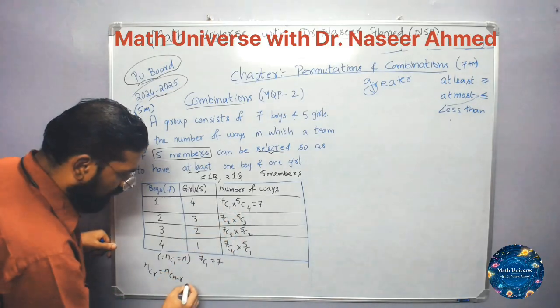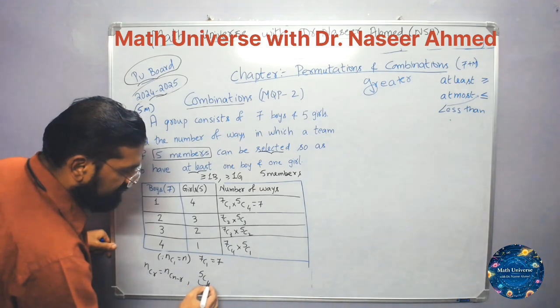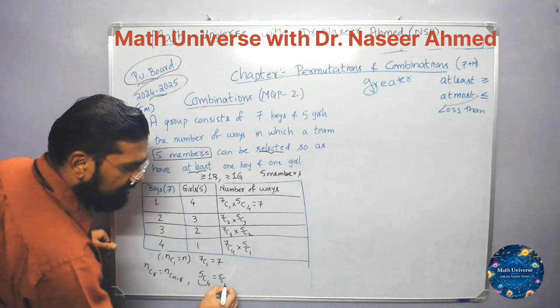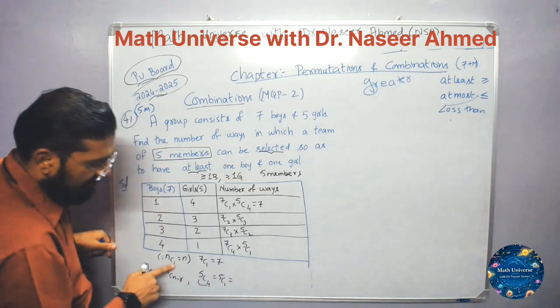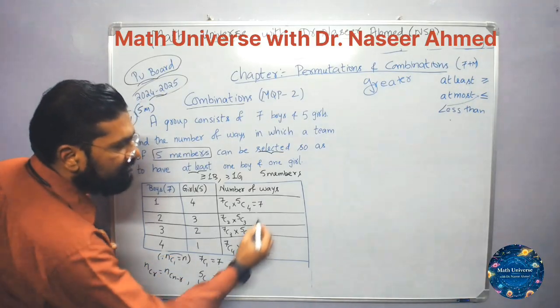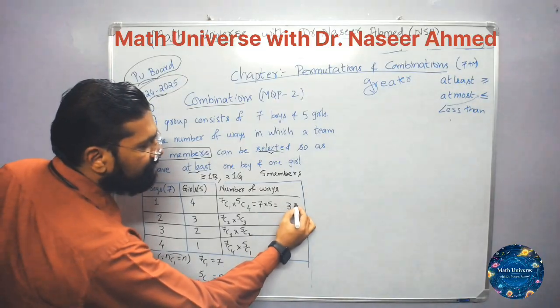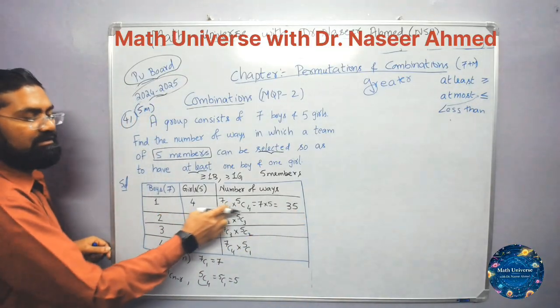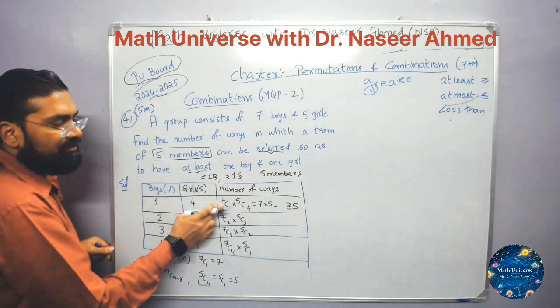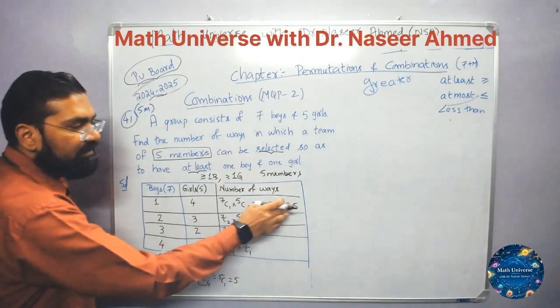So 5C4, I can write as 5C1, the difference being 1. Whenever it is 1, whatever number is there is the same number here. So I'll get 5. So see, 7 into 5. What are 7 5s? 35. So whichever way we take it, out of 7 boys select 1 boy, and out of 5 girls select 4 girls, the number of ways will be 35.